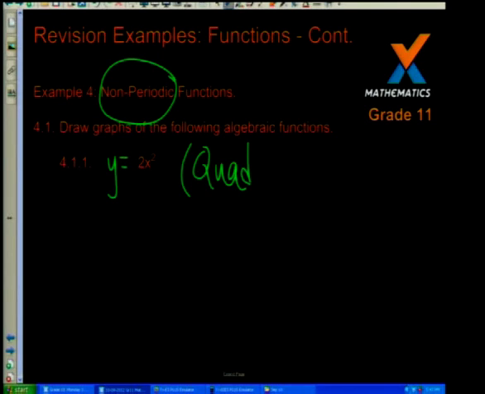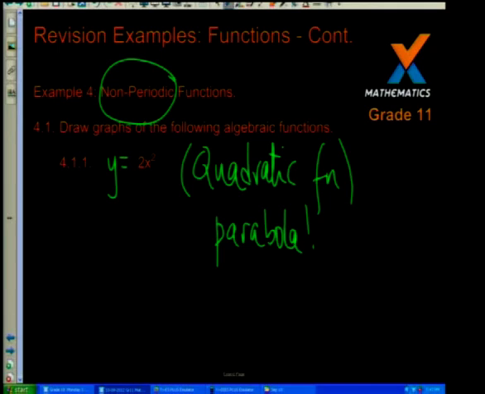And the graph that you have coming out of this quadratic function is called a parabola. So the graph out of a quadratic function is called a parabola. And that's what I'm asking you to draw. Okay?